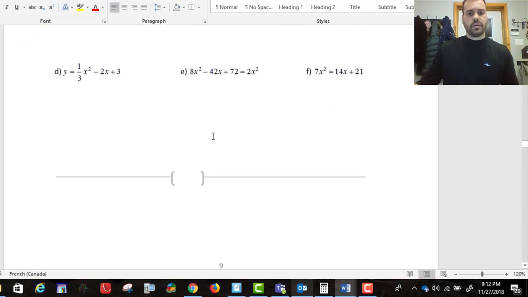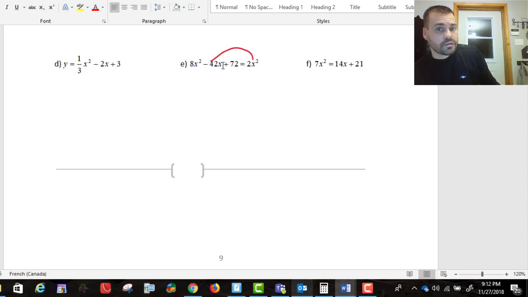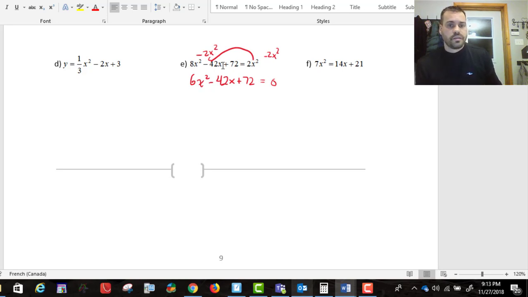We'll try another one. Let's try this one here, 8x squared minus 42x plus 72 equals 2x squared. The first thing I'm going to do is it's going to become 6x squared because I'm going to subtract 2x squared here and subtract 2x squared there. And then it's minus 42x plus 72 equals 0. Then I'm going to try to factor this if I can. That's divisible by 6, that's divisible by 6, and that's 6.